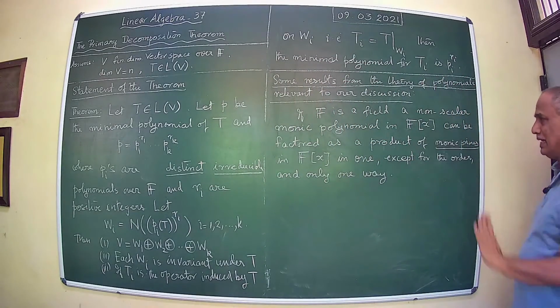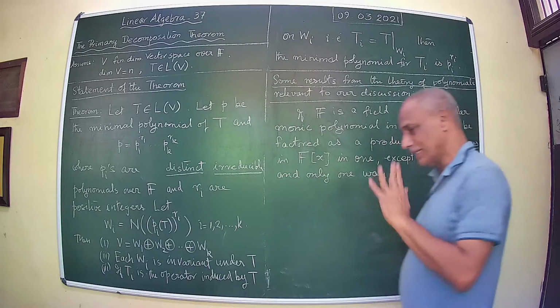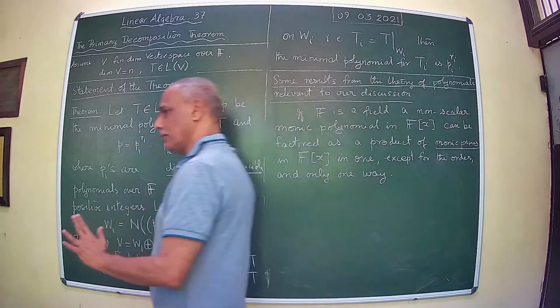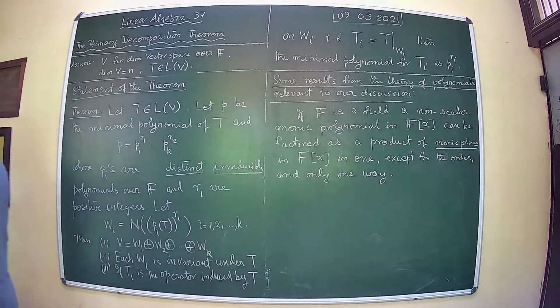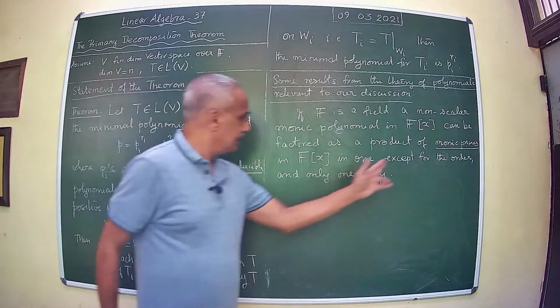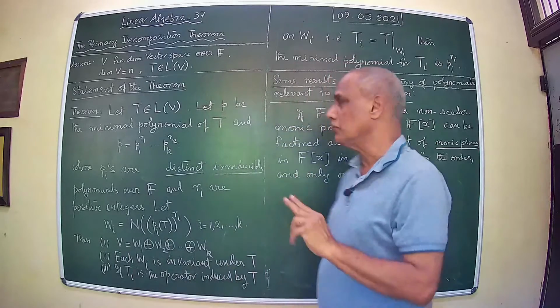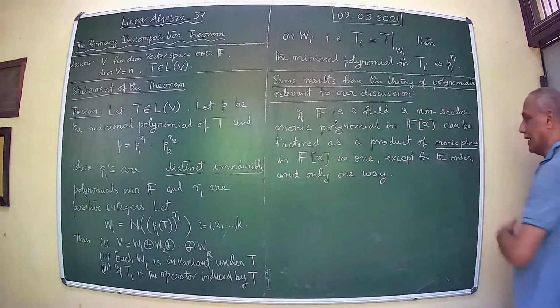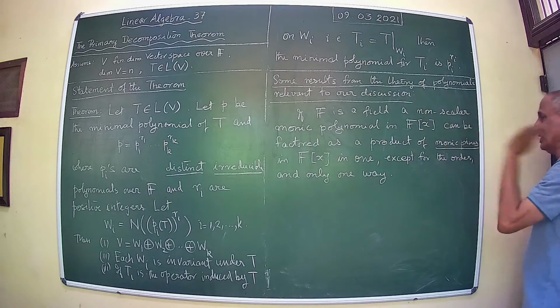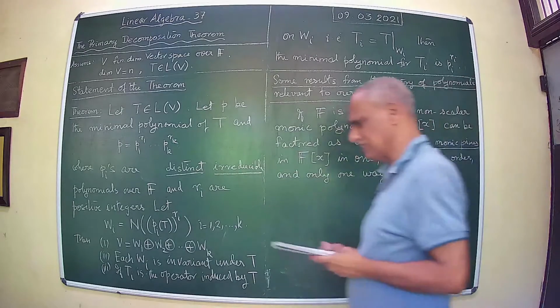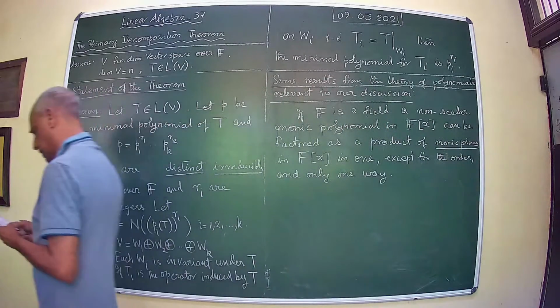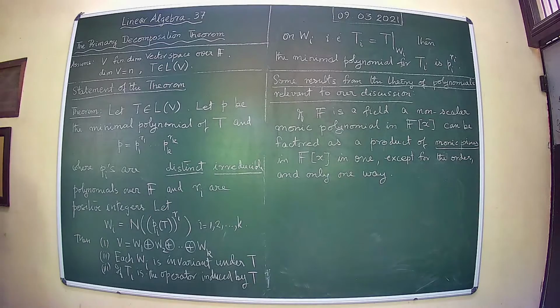Here, depending on capital F, you get the monic polynomials. So there are some prime polynomials in terms of which we are going to write every polynomial. This is a very general decision. It has nothing to do with the minimal polynomial. So the minimal polynomial comes along.